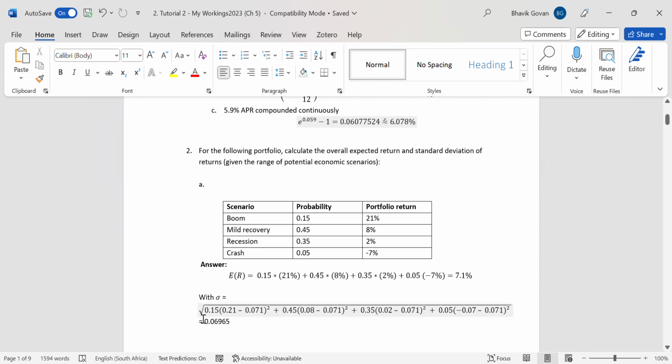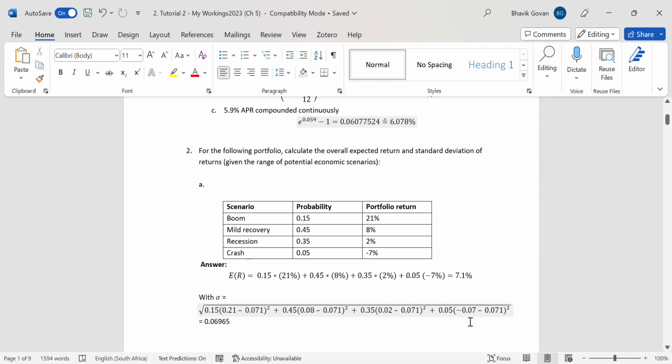So you'll just say the square root of everything, and we'll say 0.15 times our return, 21%, minus the expected return of 7.1%, all squared, plus 0.45 times 8% minus our expected return squared, plus 0.35 times 2% return minus 7.1% expected return, all squared, plus 0.05 times negative 7% minus 7.1%, squared.